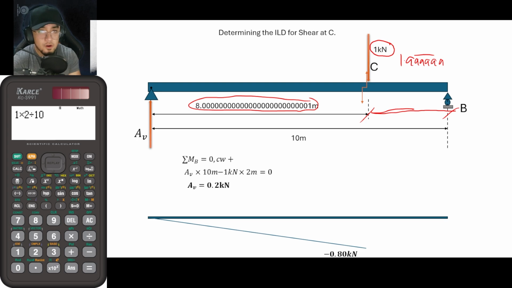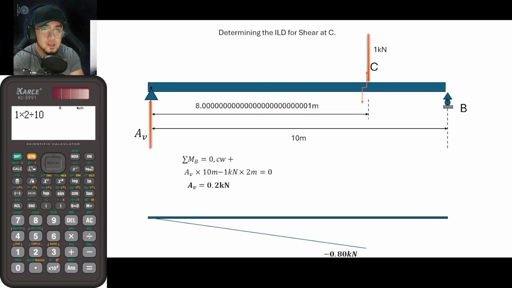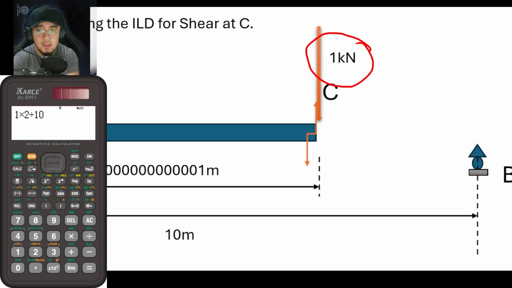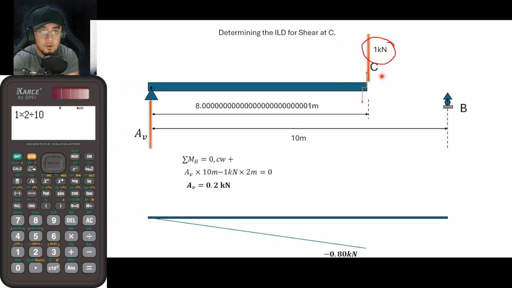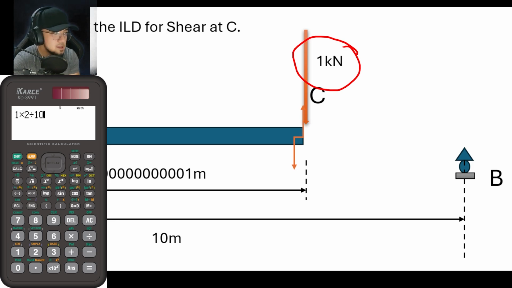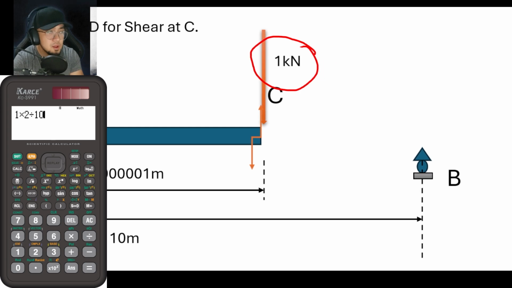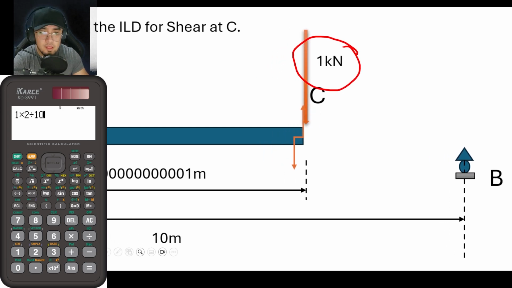In order for us to solve for the shear at C, we would once again cut the section at C. But if I zoom in here, take note, guys, that this unit load is not included in our analysis any longer, because it has moved a tiny bit. So from that, guys, we will now be removing that part.